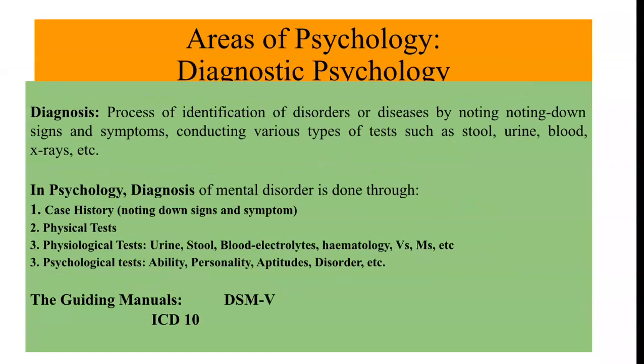If the person reports that I get tired very easily, or I have some difficulty in learning, the psychologist determines whether the person is getting tired because of low hemoglobin or imbalance of some salts like sodium, potassium, and so on.